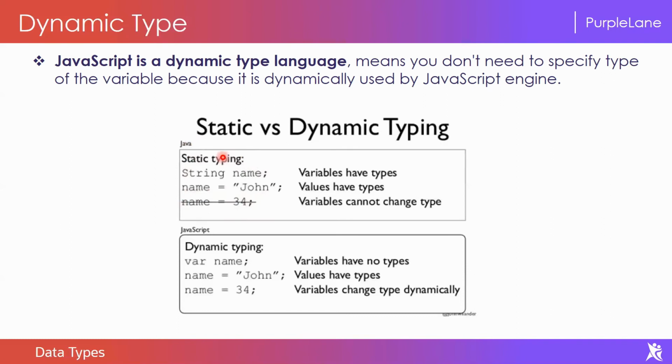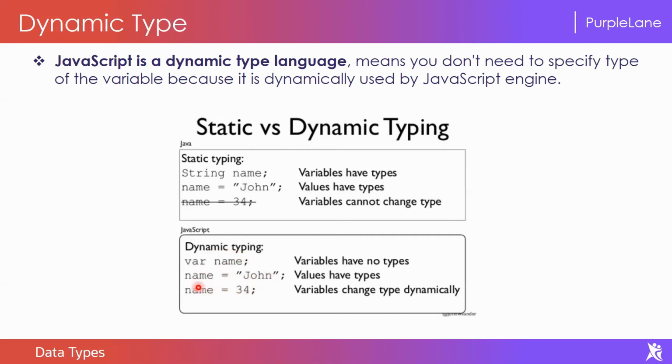But when it comes to dynamic typing, this is JavaScript, where name. Here we haven't specified a data type, isn't it? This is the variable, where means variable, and this is the name of the variable. You can assign John, and also you can assign any value, such as an integer.